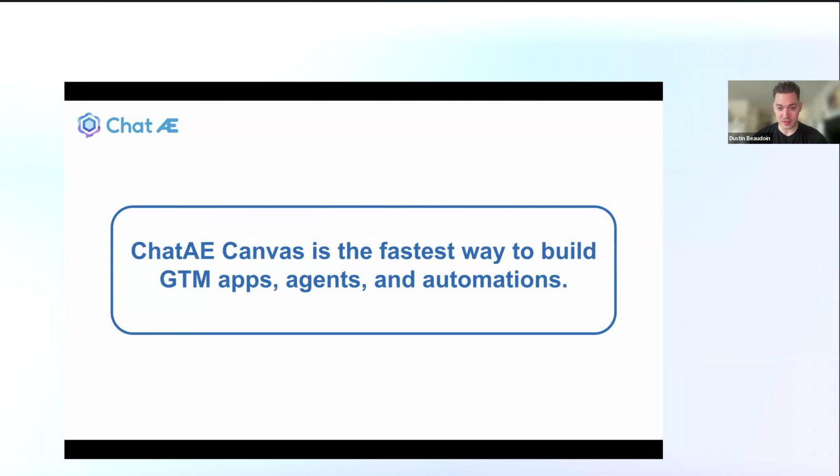Each of these use cases is really exciting, and we'll spend a lot of time going through them. But the key to remember with Canvas is that this is all go-to-market native. All of the tooling that we've had in Chat AE forever, like the research agent, signals, enrichment, and contact data, proliferates throughout all of the things you can build.